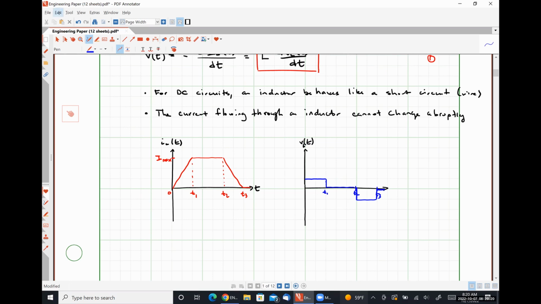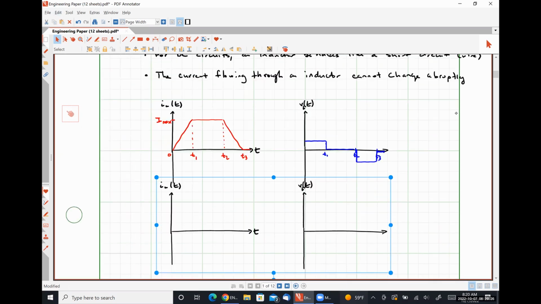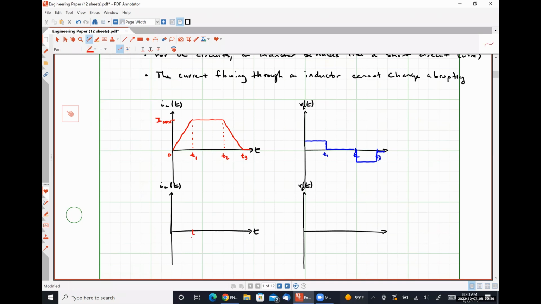So what would happen if, call this T1, T2, T3 again. Our current waveform looks something like this.